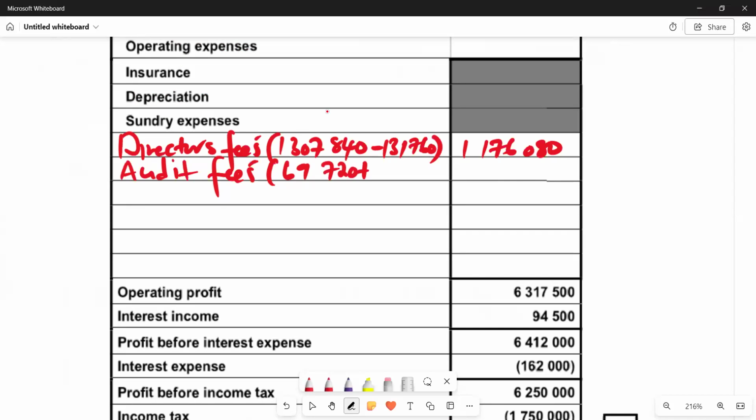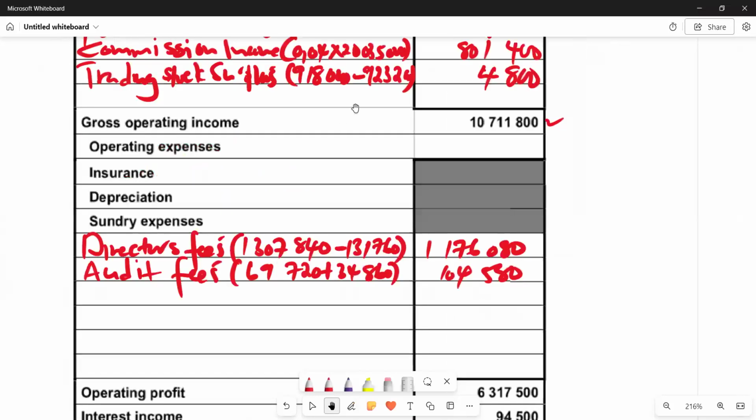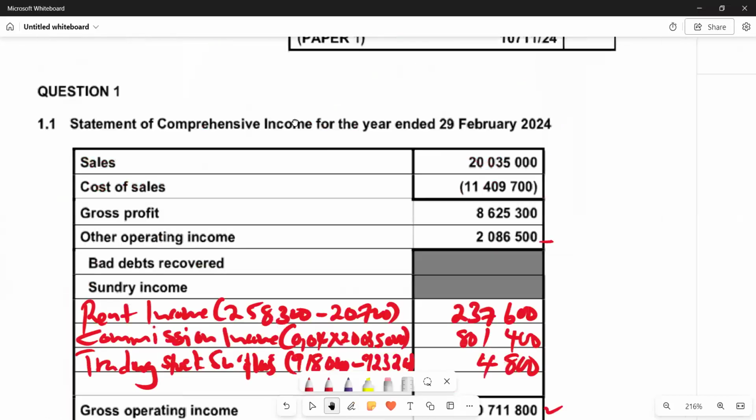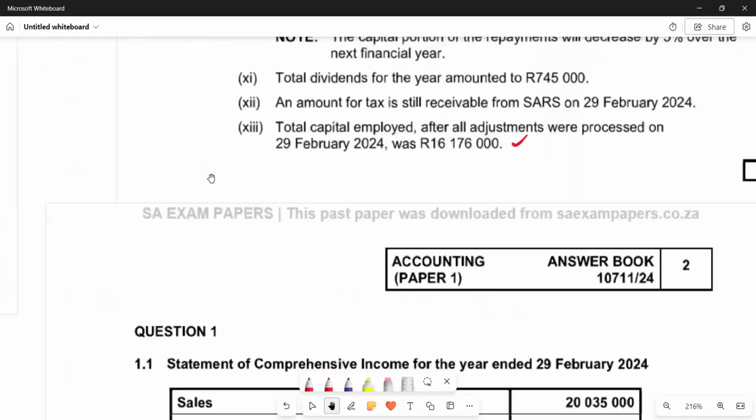Then we add 34,860. And then the answer that you are going to get is 104,580. So this is what we have. Before you go to additional information, let's just exhaust what we have in the list of balances.